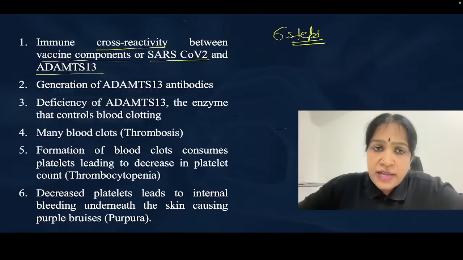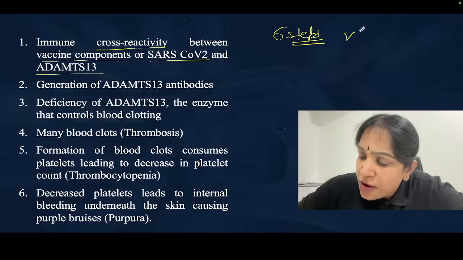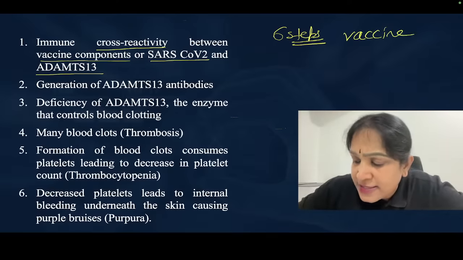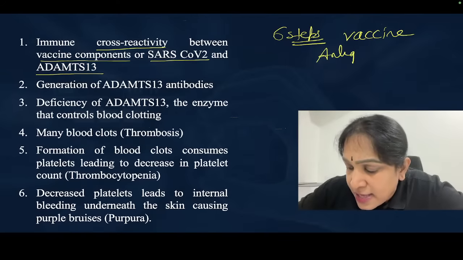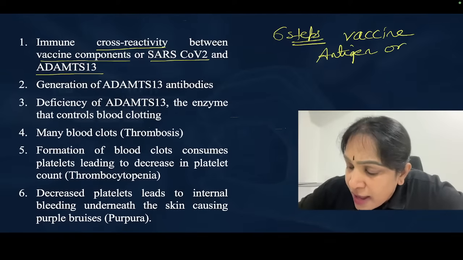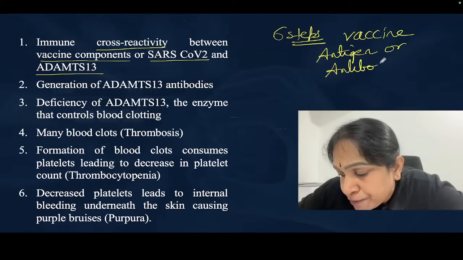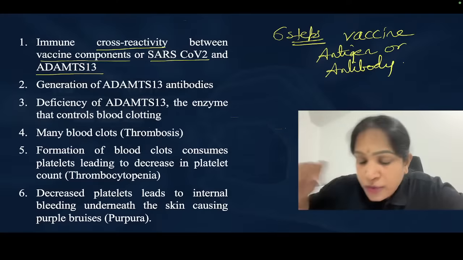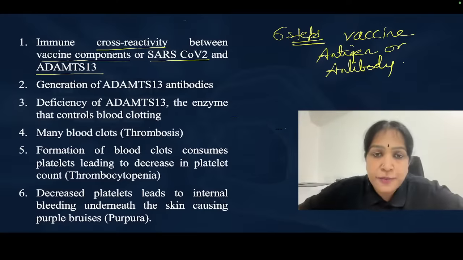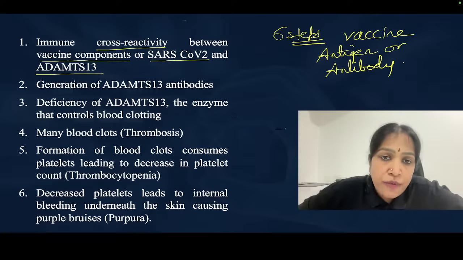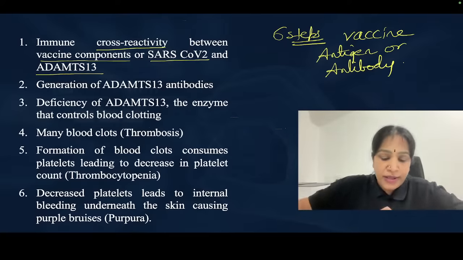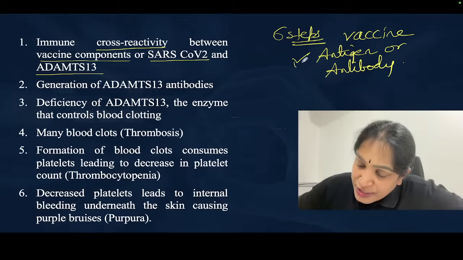First tell me one small piece of information. What is there in the vaccine? Does a vaccine contain antigen or antibody? For example, coronavirus, polio vaccine. We take a lot of vaccines, right? Do vaccines have antigens or antibodies? Antigen.